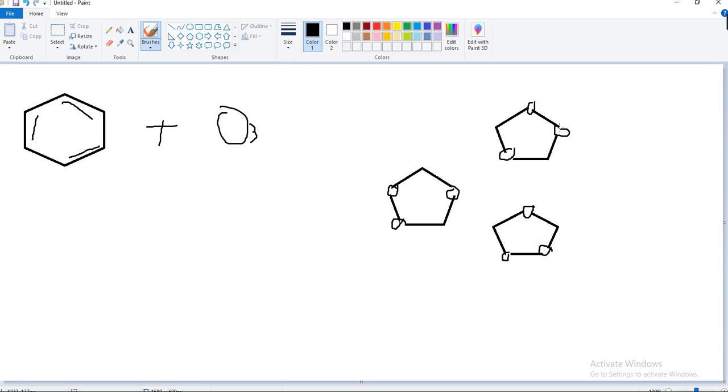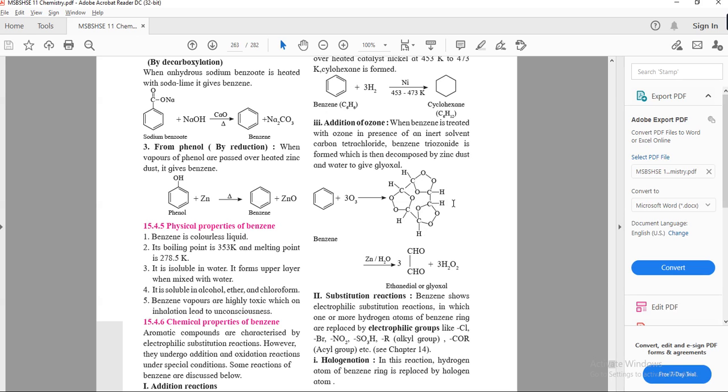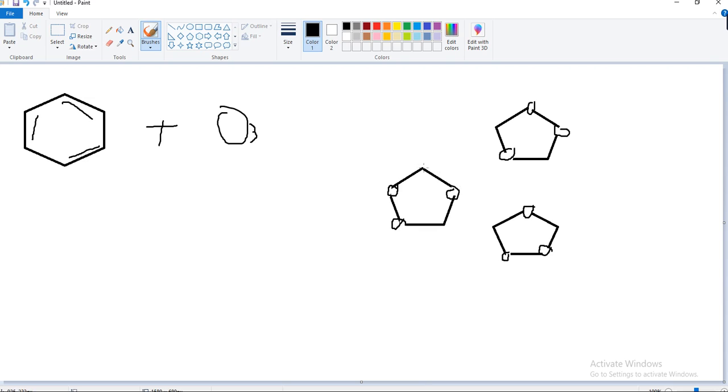This is a 5 membered ring, and these 3 rings are connected by the 2 carbon atoms.